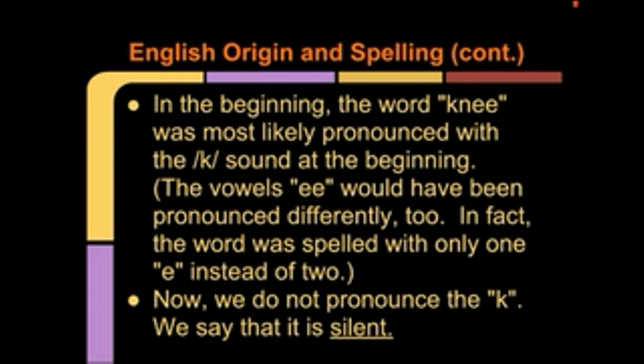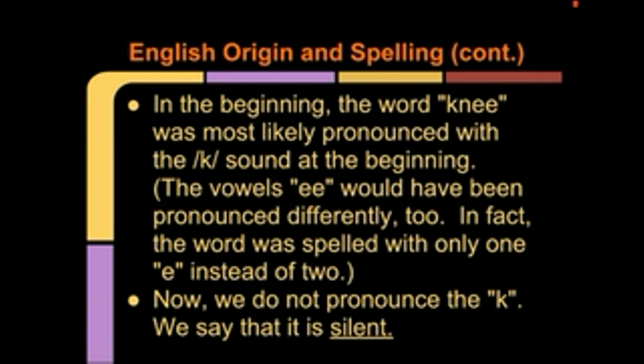In the beginning, the word knee was most likely pronounced with the K sound at the beginning. The vowels, double E, would have been pronounced differently, too. In fact, the word was spelled with only one E instead of two.